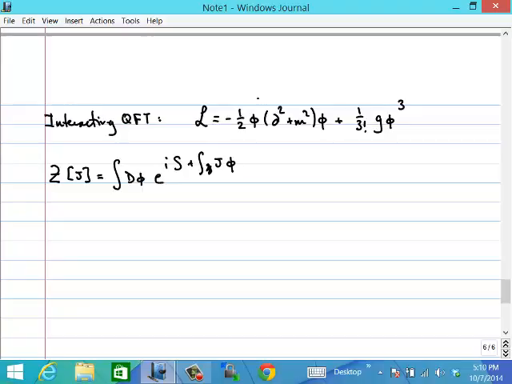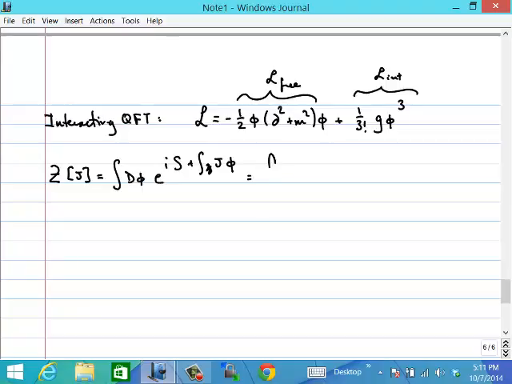And what I would like to do is separate this out into two terms. I'll call this L free, because it's a free Lagrangian, and I'll call that second term the interaction term.